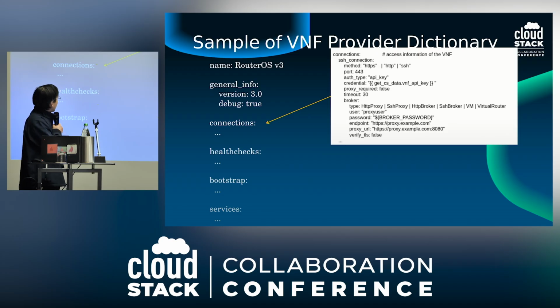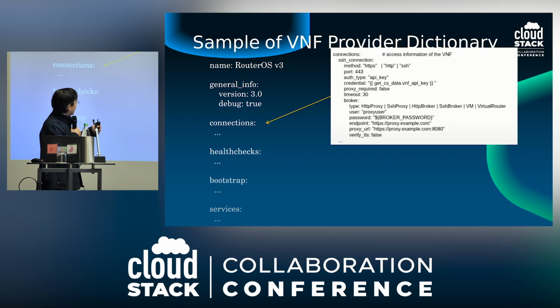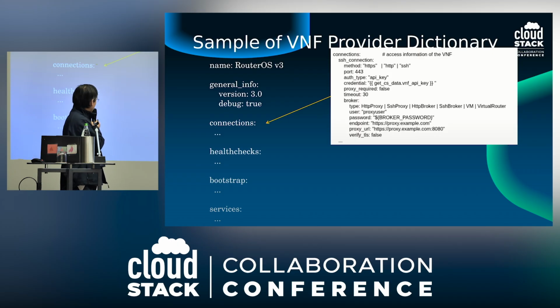In the collection part, in this example, it defines the SSH collection. It can have the method, the port, and also we have a section which is the broker, so the user can define the broker of the VNF appliance.